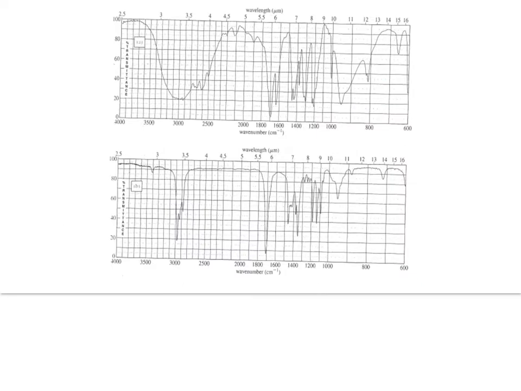Okay, looking at this peak here, you see that you have a carbonyl peak, and that carbonyl peak is around 1715. You also have this big OH peak, this OH stretch.